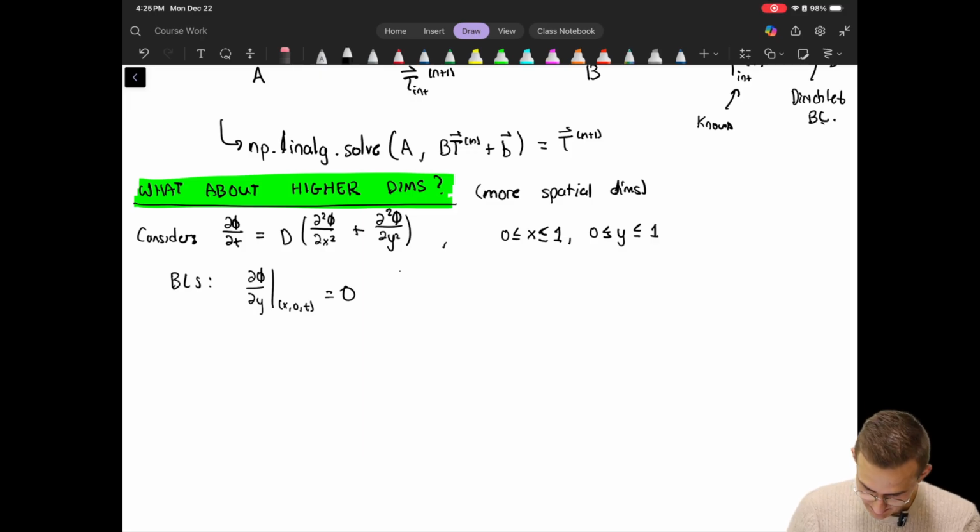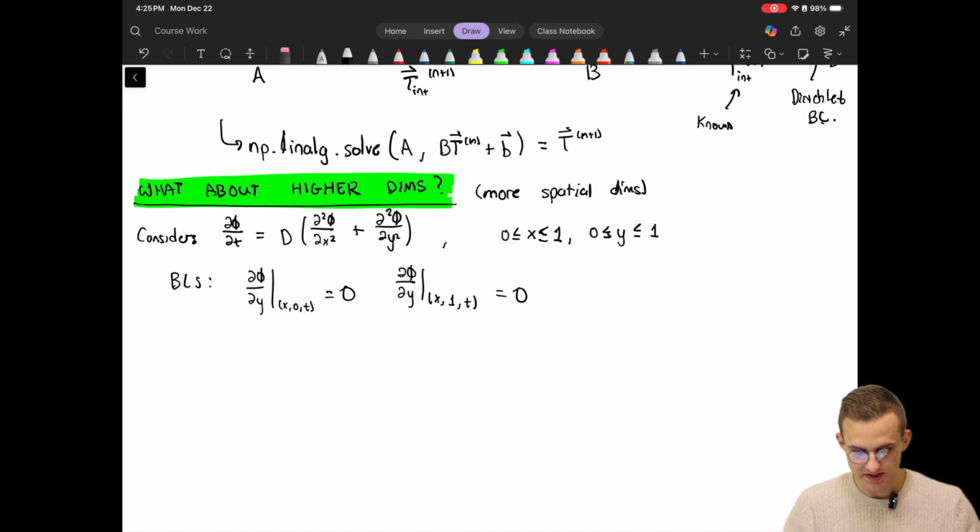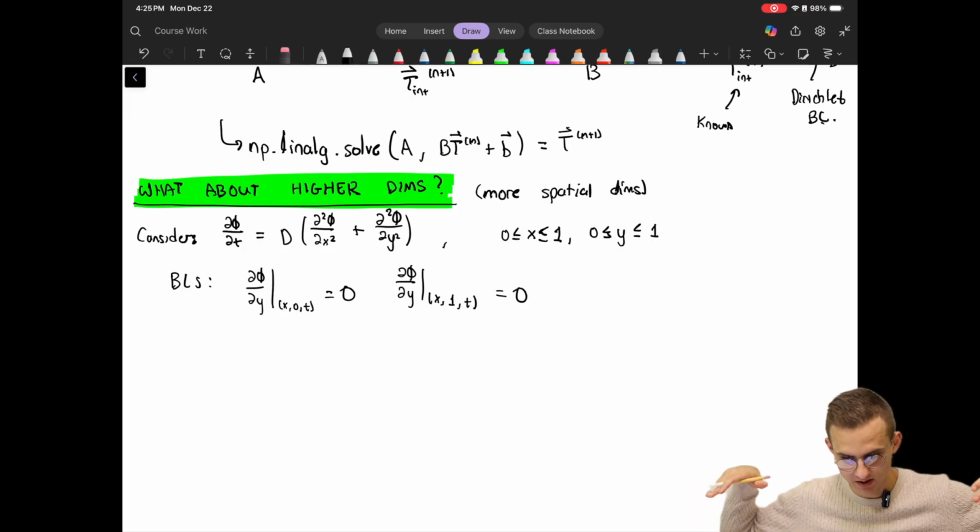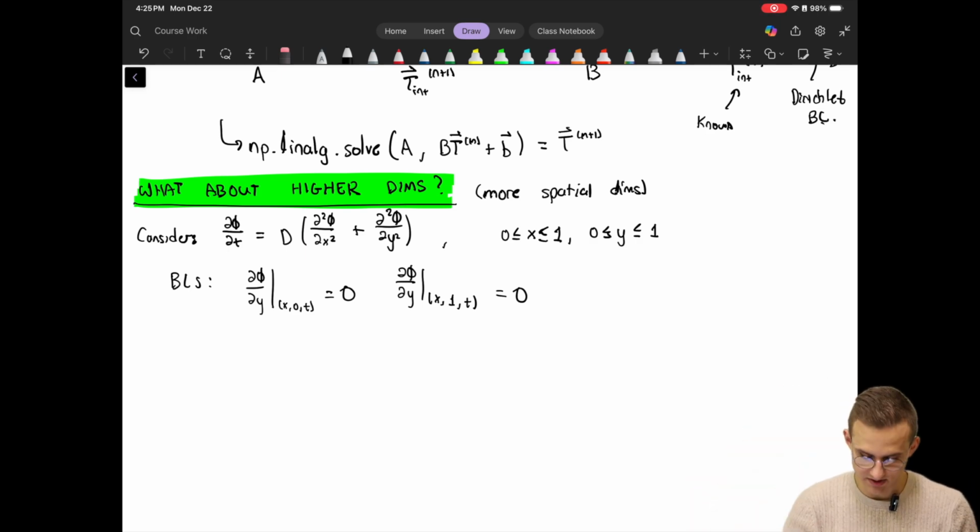And the derivative of phi with respect to y at the y equals 1 boundary is equal to 0. So in other words, the function has to be flat at the top and bottom boundaries of the domain.